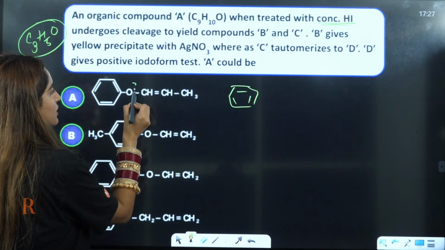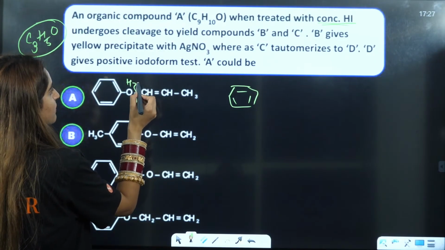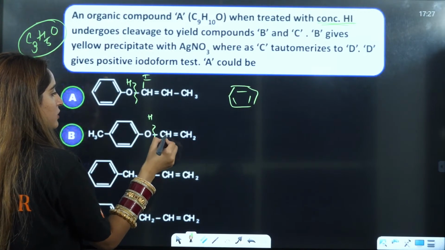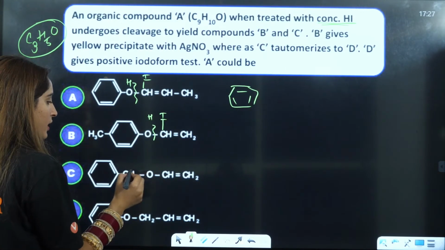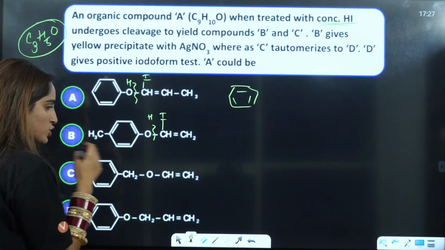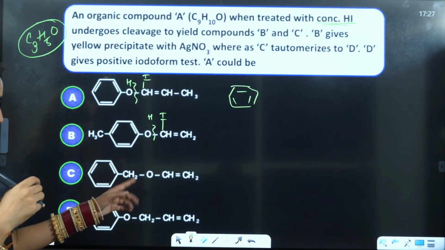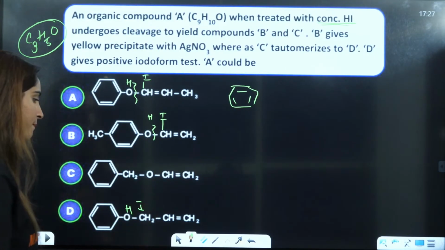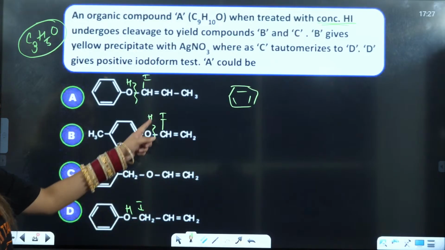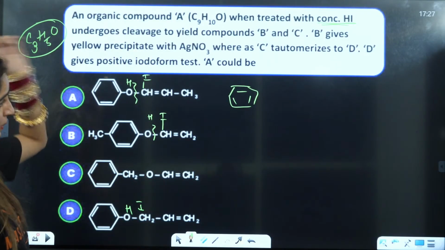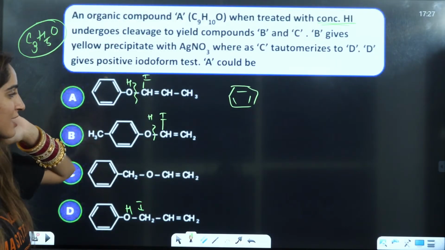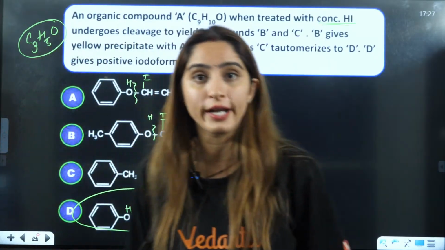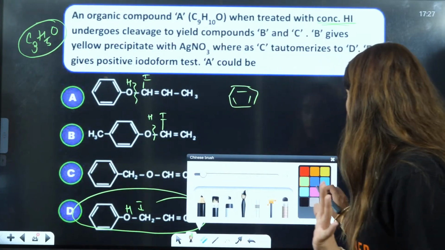If this undergoes cleavage, this will be H, this will be I. In this case also we can specify that this will be H and this will be I. Now, I you cannot attach directly to a double bond, so I feel this has the probability of being the correct answer, but you still have to see the other hints.